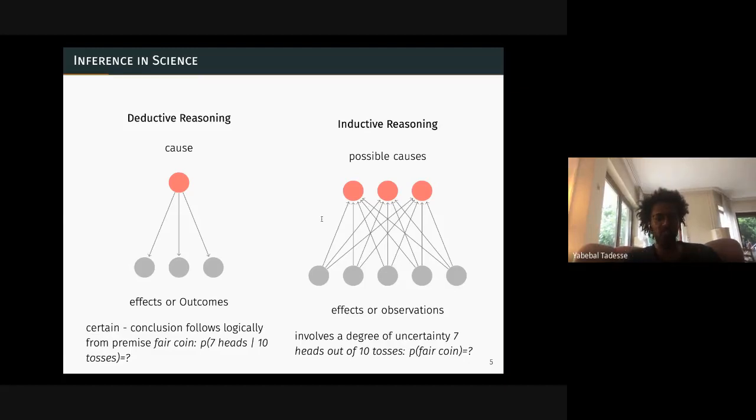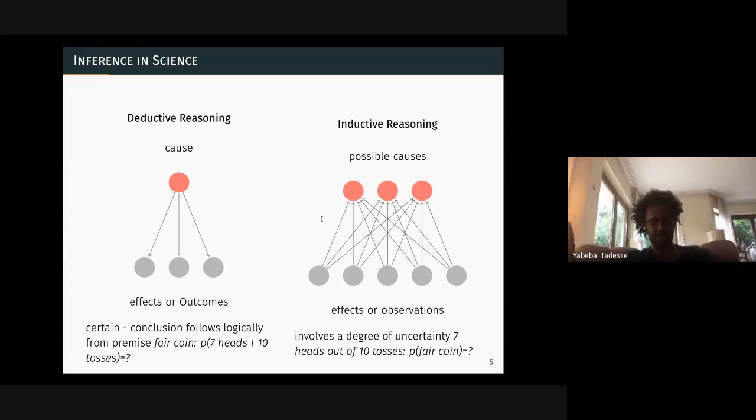Deductive reasoning is what all of mathematics is about. Mathematics is purely deductive reasoning. Why? It starts with a clear definition of axioms, and then logically you derive some conclusions, outcomes, out of it. That's called deductive reasoning.